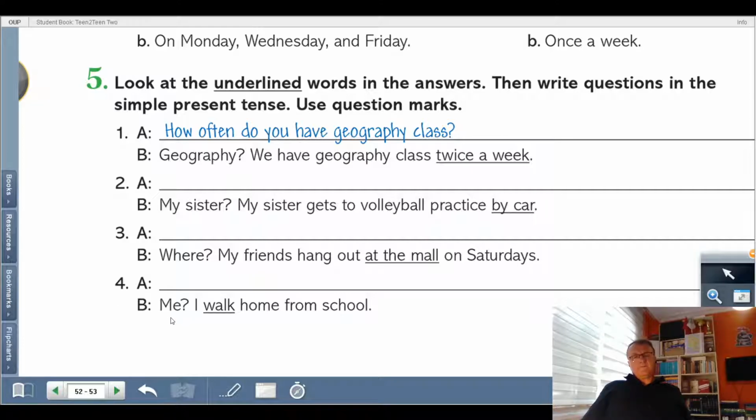Okay, for me, I walk home from school. So walk. For walk, you have to make a question. Okay, think about these questions. Pause the video. Do the activity.